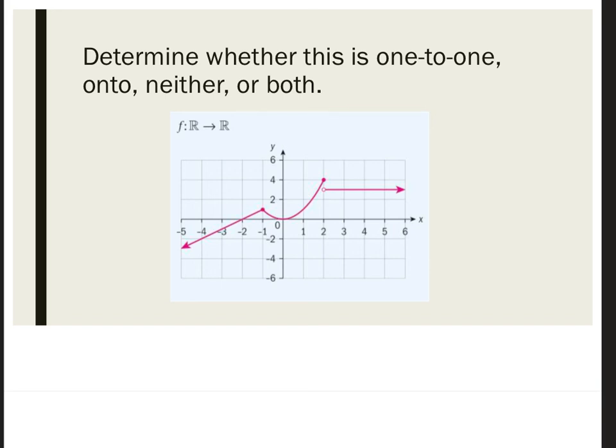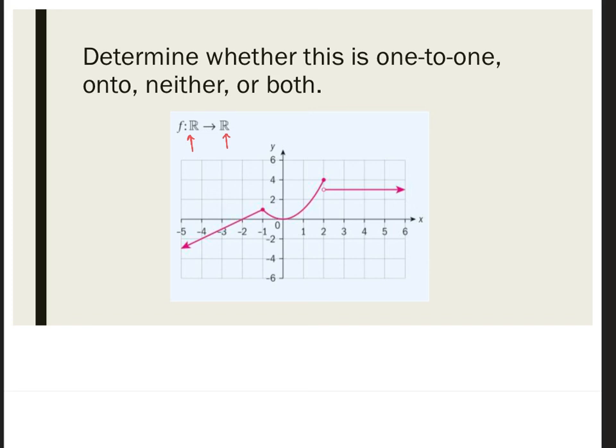Let's take a look at this one. Notice it's saying that the domain is all real numbers and the range, or what we're mapping onto, is all real numbers. For 1 to 1, it has to pass both the vertical, which it appears to pass, but it does not pass the horizontal. You can see that right here.